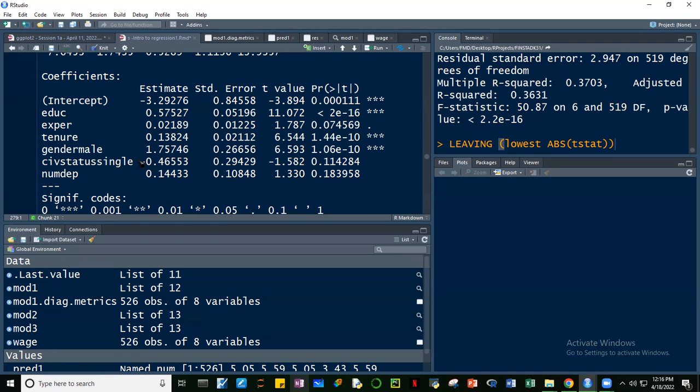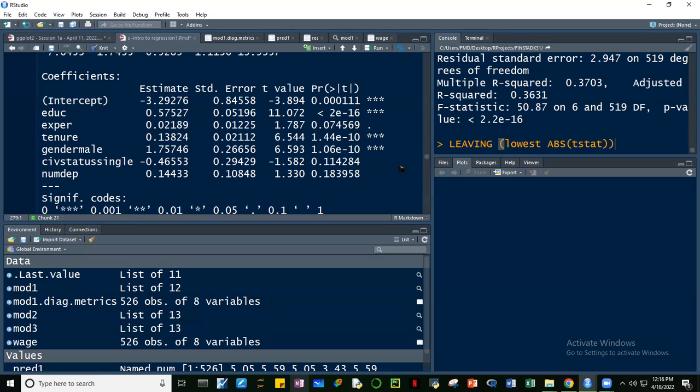Ganun din si gender male. But again, this is a factor. So how do we interpret this? On the average, male employees receive $1.76 more than their female counterparts. Ceteris paribus. Okay? And then si single, guys, hindi significant. Si number of dependents, hindi significant.